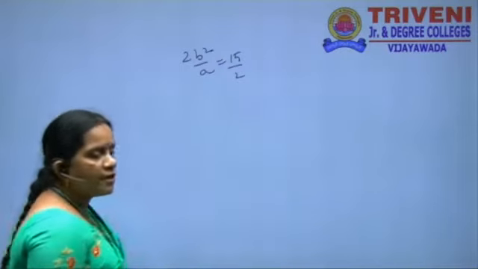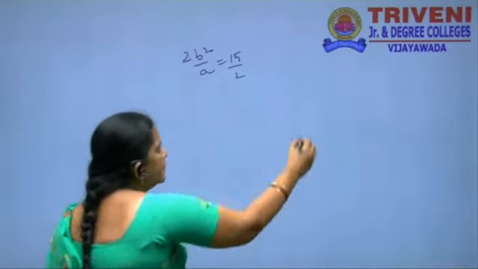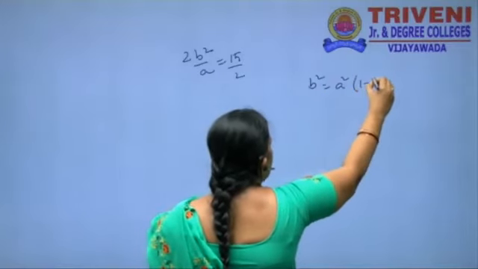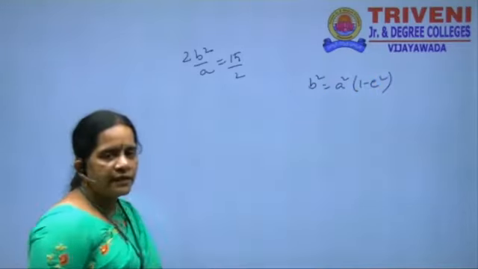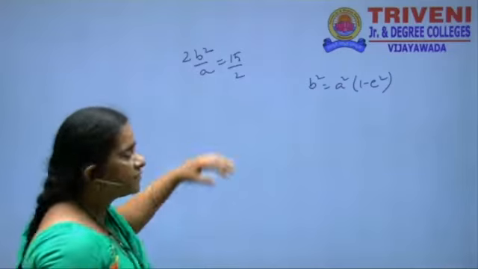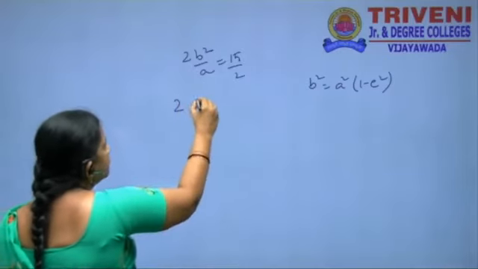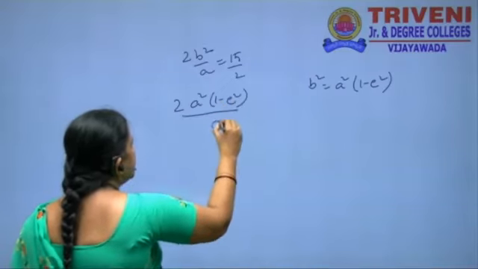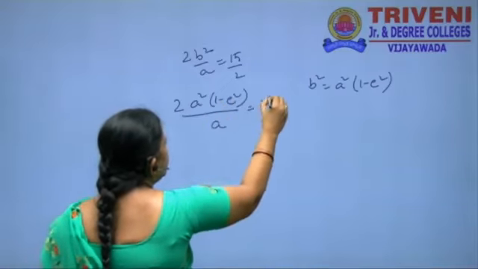Already you know the value of b square. What is the value of b square here? a square into 1 minus e square. Then substitute in place of b square: 2 into a square 1 minus e square by a is equal to 15 by 2.